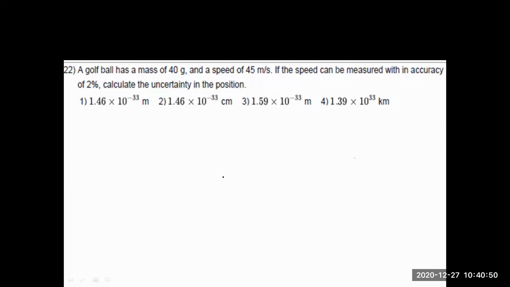Anybody else? Suggesting option 1, sir. Okay. 1.46 in 10 raised to minus. Fine. Let me give the solution for this.